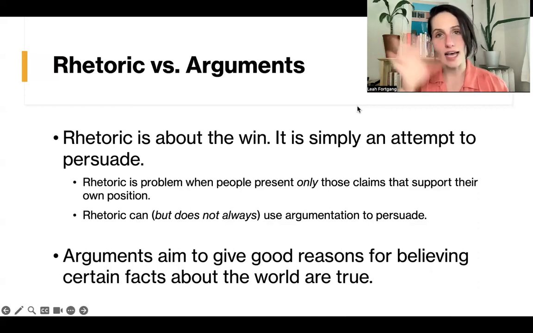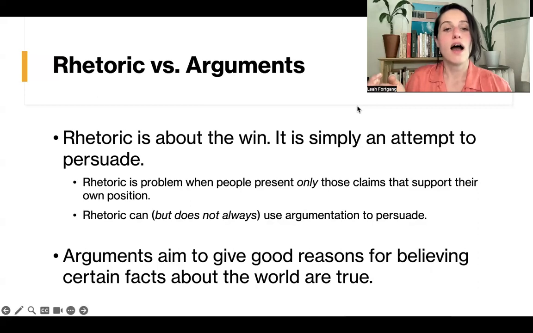So that latter kind of response is one that we can think of as an argument in the philosophical sense, where the aim is to give good reasons, not just convince, not just persuade, but give good reasons for thinking certain facts about the world are true.